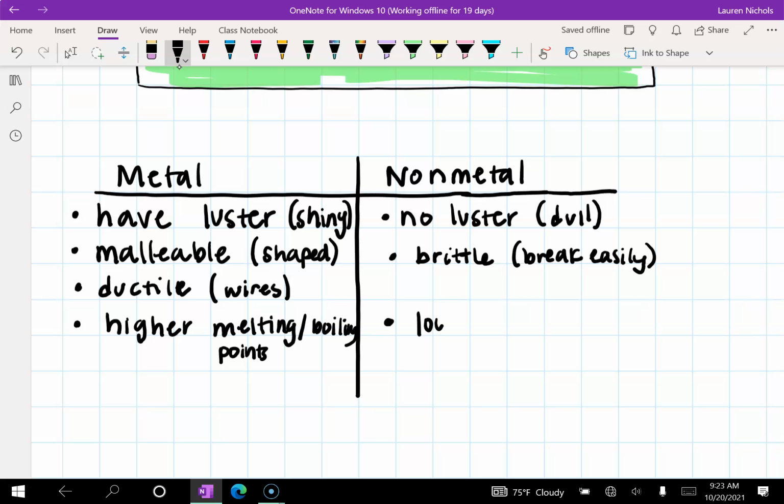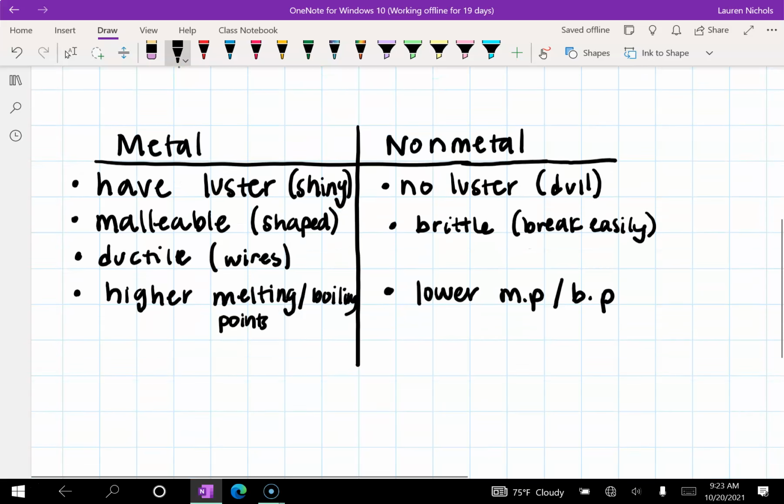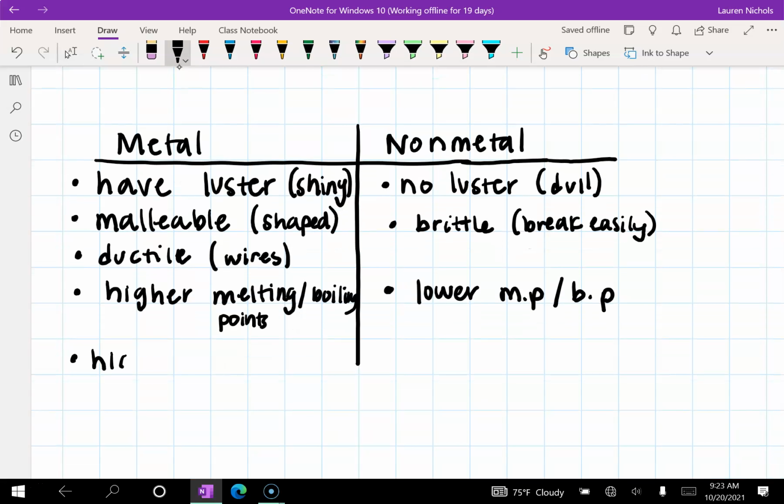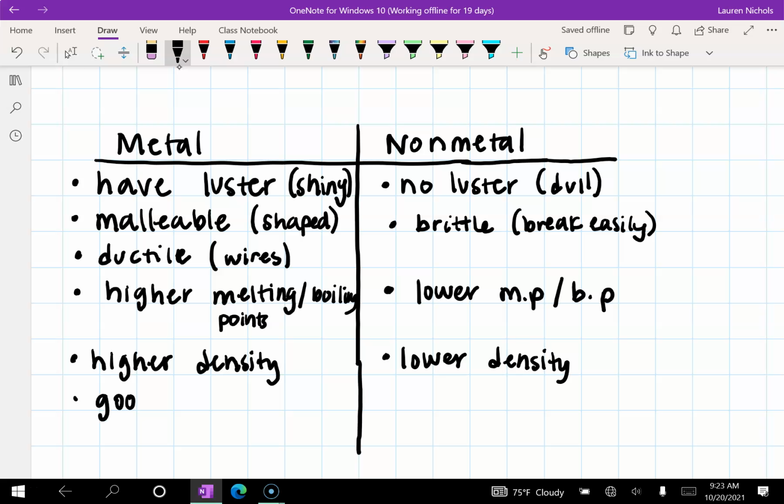So that means nonmetals have lower melting and boiling points. Metals tend to have a higher density, and nonmetals tend to have a lower density. Metals are good conductors of electricity, whereas nonmetals do not conduct electricity.